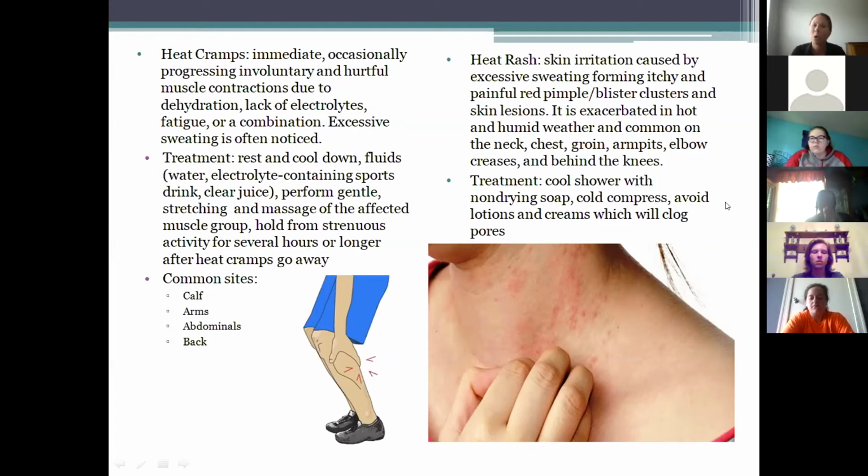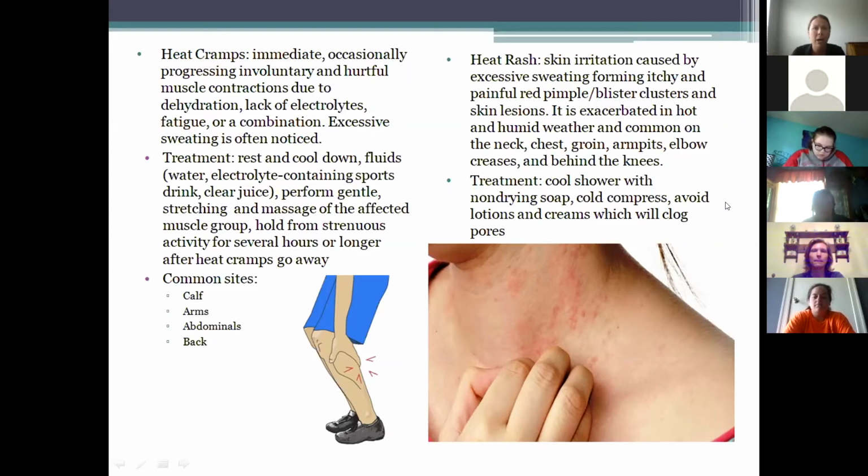And once you hit that point of a full-on muscle cramp where the calf is completely contracted, despite the rest and cooling down and stretching and stuff, there's really not much more you can do to get them back onto the field, get them back in practice quickly. They really just need to rest and cool down and stretch and maybe just return for the next session or for the next day, because they just tend to repeat themselves.